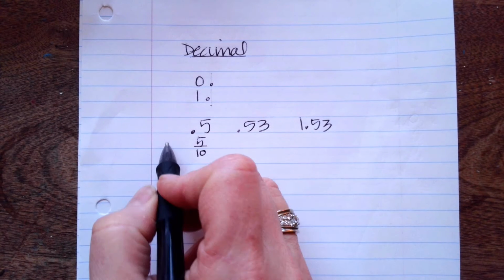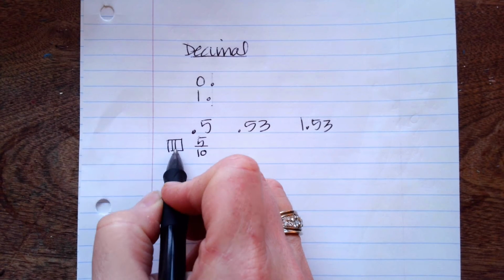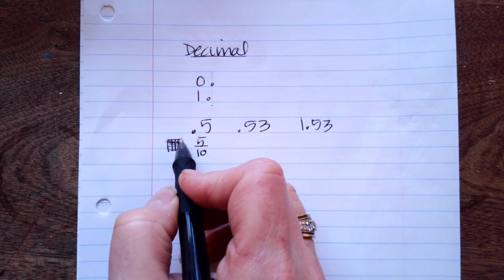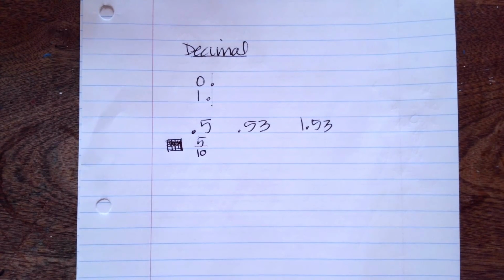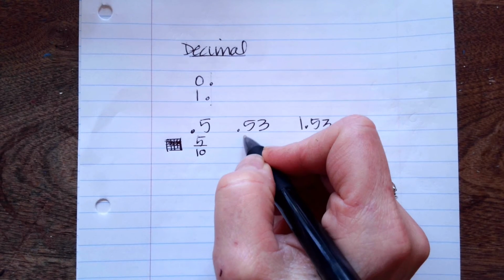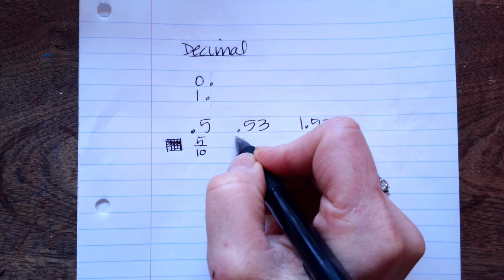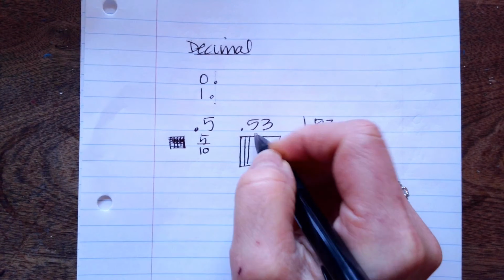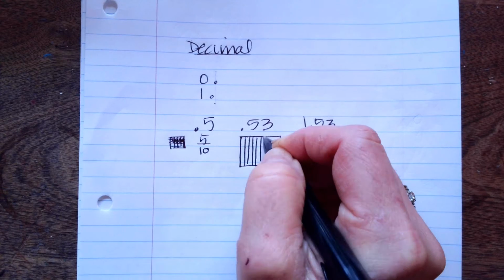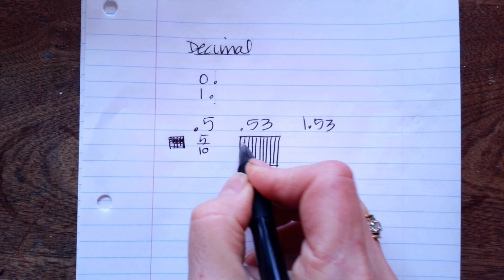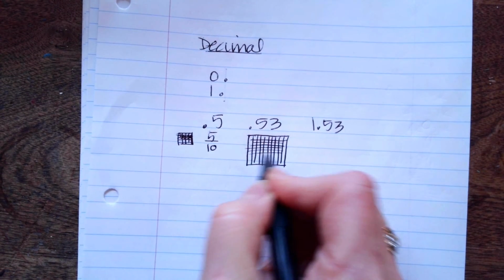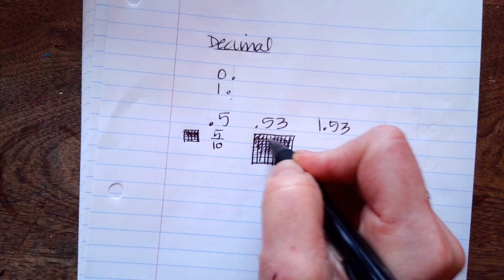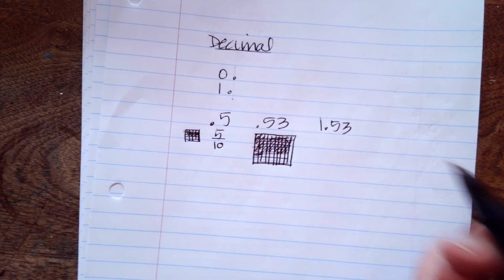That means if you had 10 squares, 5 of them would be filled in. This one means if you had 100 squares, 53 of them would be filled in.